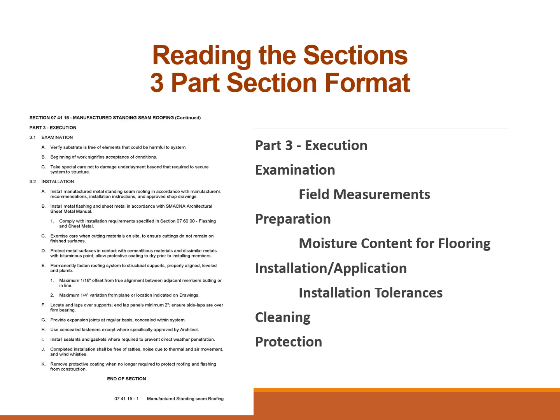This, by the way, could be mostly taken out in most cases because all you really want to say in sections where you're using the manufacturer's product is telling them, we want you to follow the manufacturer's recommendations and installation instructions, which you'll find in 3.2 installation there. Install manufacturer's metal standing seam roofing in accordance with manufacturer's recommendations, installation instruction, in this case, and approved shop drawings.